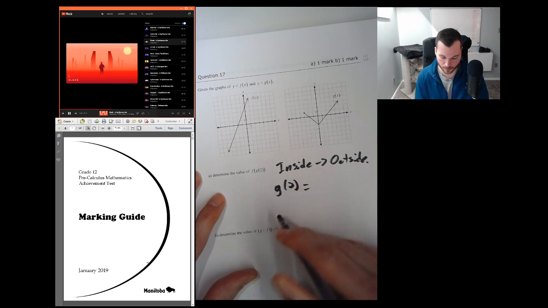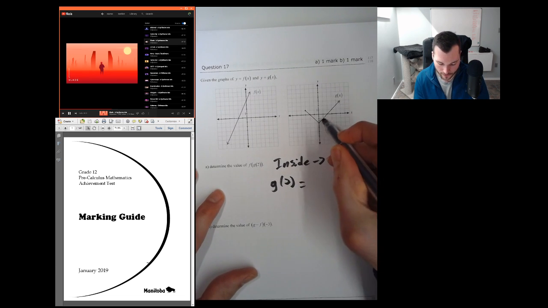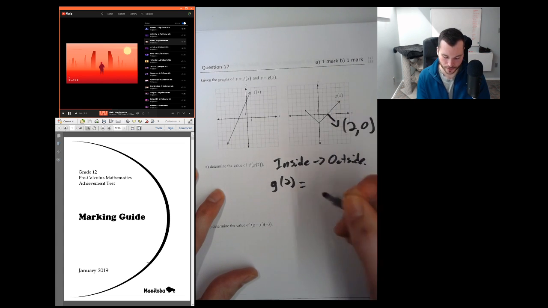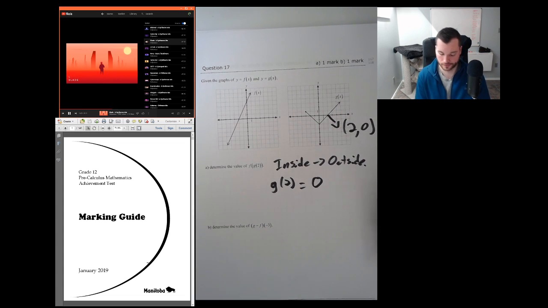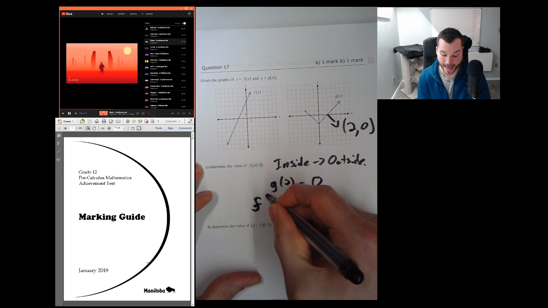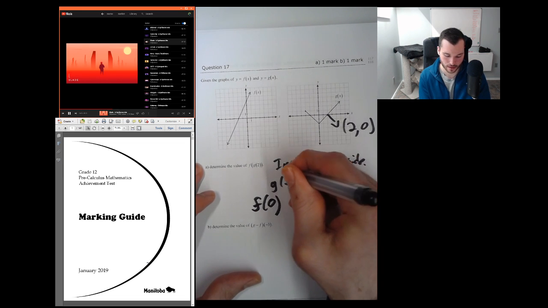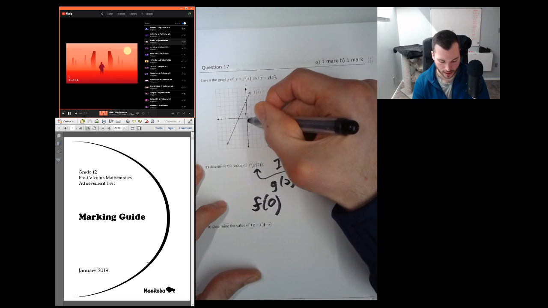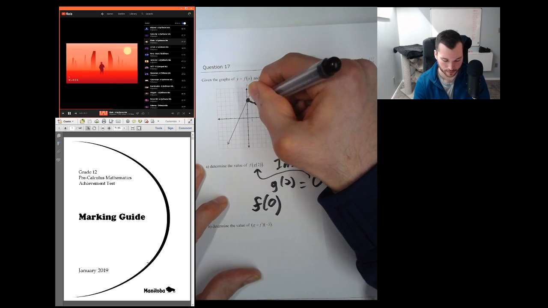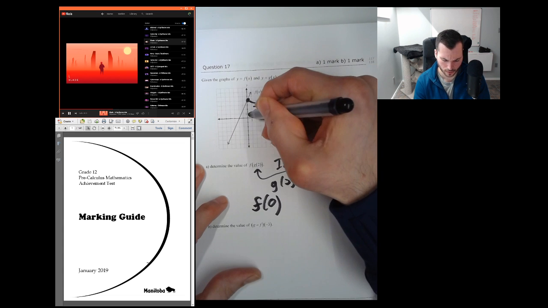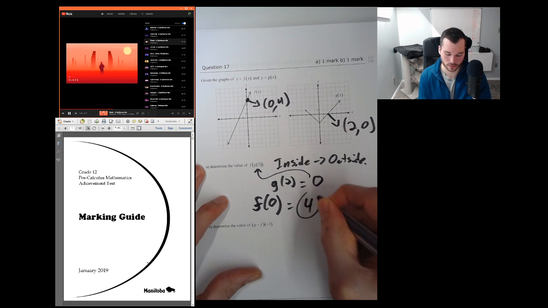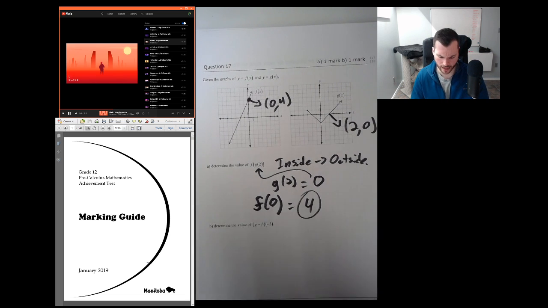Function notation, we look at our g, we find g at 2, which is 0. So this is equal to 0. Now we say f at 0, because that's on the inside. We go to our f, we see x equal to 0, and count 0, 1, 2, 3, 4. We get our final answer as 4. Really easy stuff. I know we haven't done this yet, but really easy stuff.